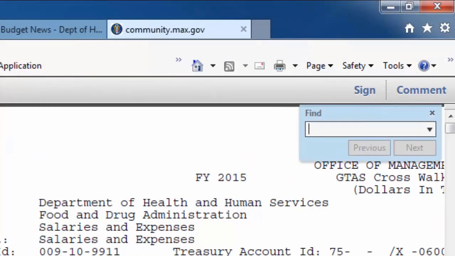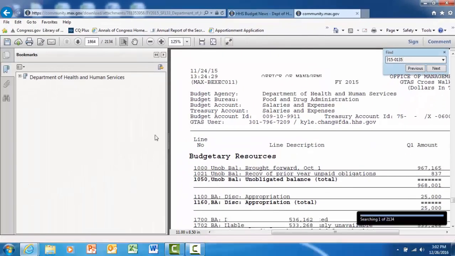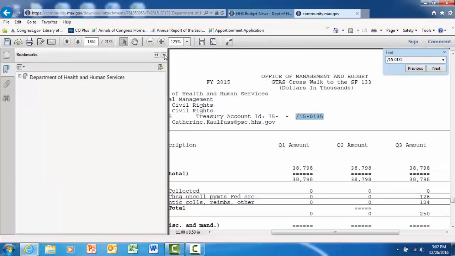In that particular box, we will type in the following: a slash, the fiscal year, a dash, and the last 4 digits of the Treasury Appropriation Fund symbol, which in this case is 0135. And that brings up the relevant SF133 for the Office of Civil Rights.